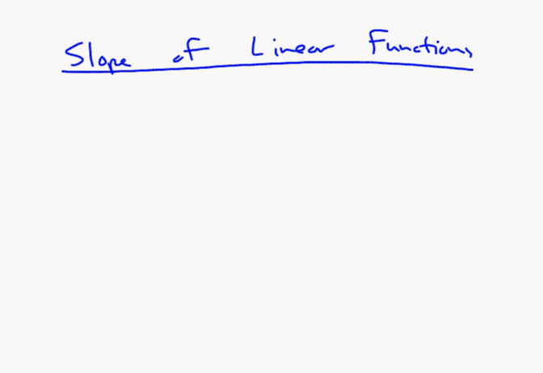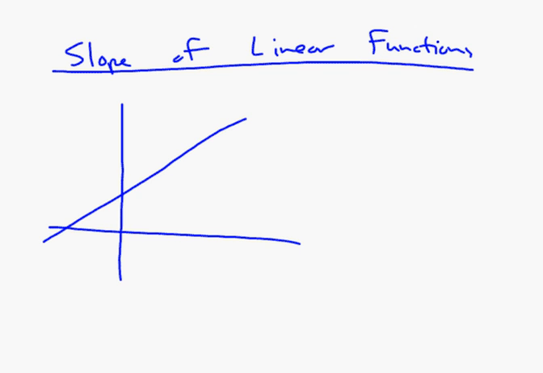So we've discussed in the past how to find the slope of linear functions. And what's so nice about those is that if you have a linear function, and I ask you to find the slope of it, you could pick 2 points on that line, and you can find the slope by figuring out what change of y occurred and divide that by the change of x that occurred.